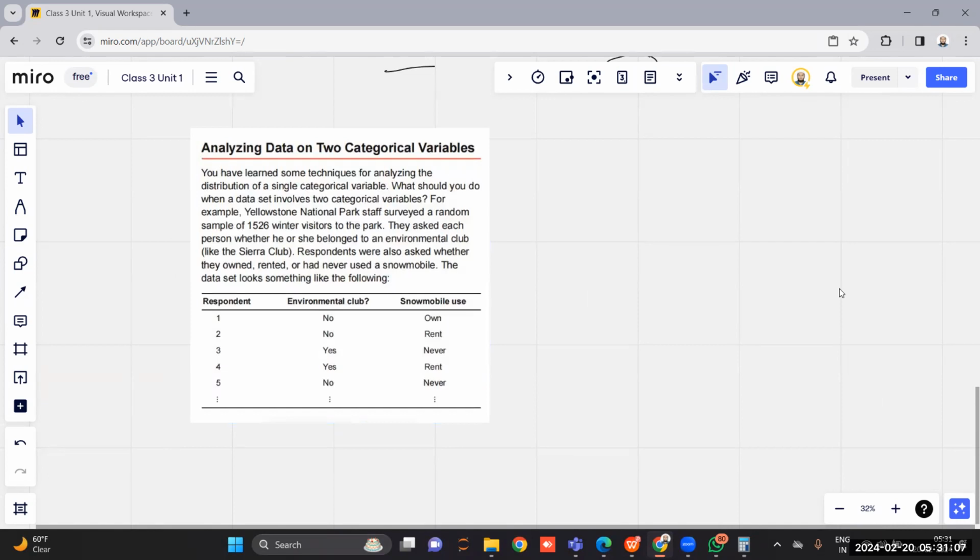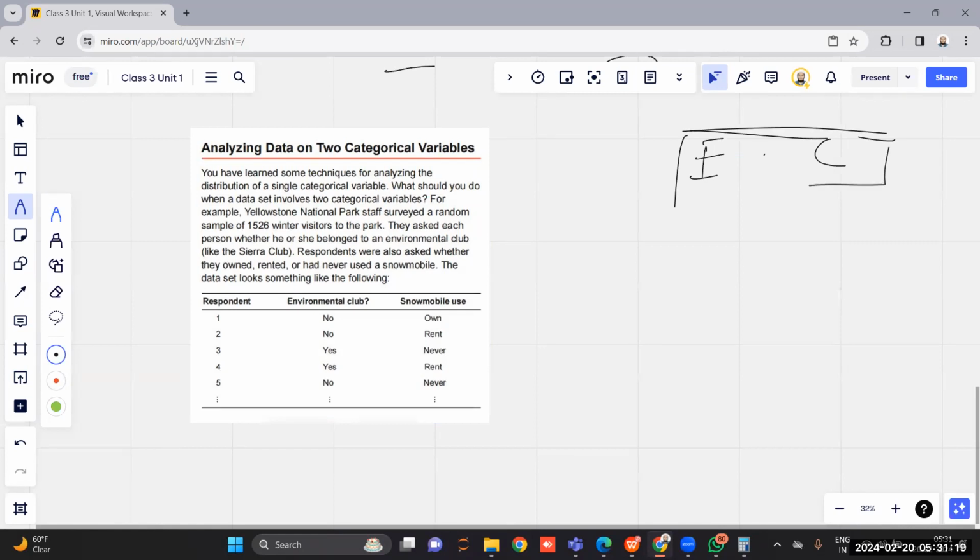What they have done is they have listed environmental club here, in the vertical direction. So what are the outputs of the environmental club? Either yes or no. Correct?